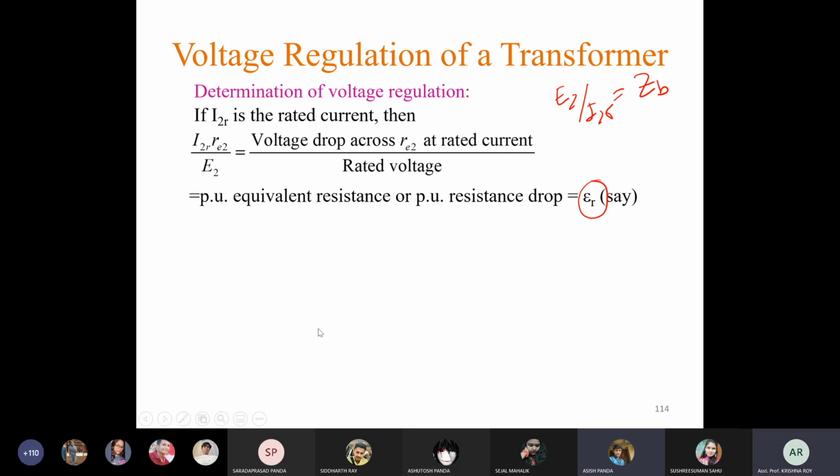Similarly, I2R XE2 by E2 is equal to epsilon x, which is equal to the per unit equivalent reactance.